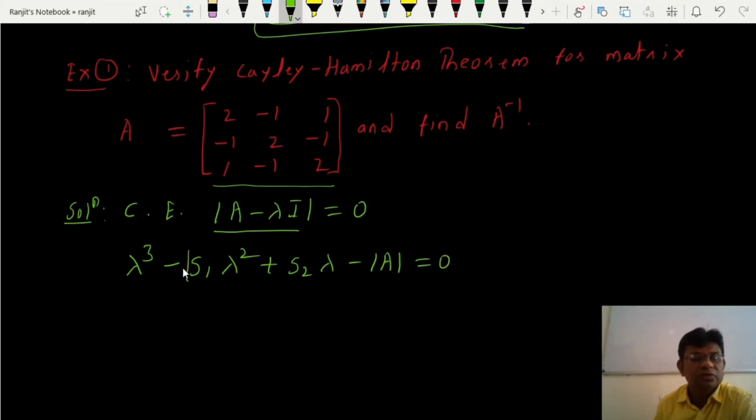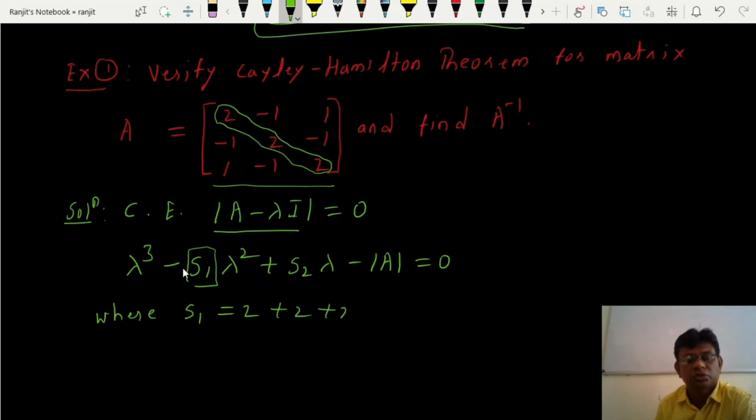Now, where this S1 is equal to the sum of the diagonal elements of the given matrix A. Sum of these diagonal elements is equal to 2 plus 2 plus 2 is equal to 6.